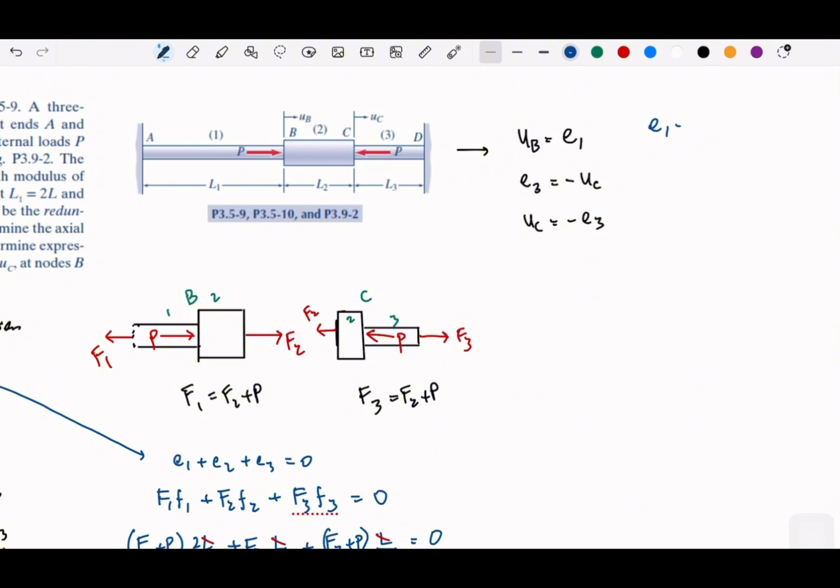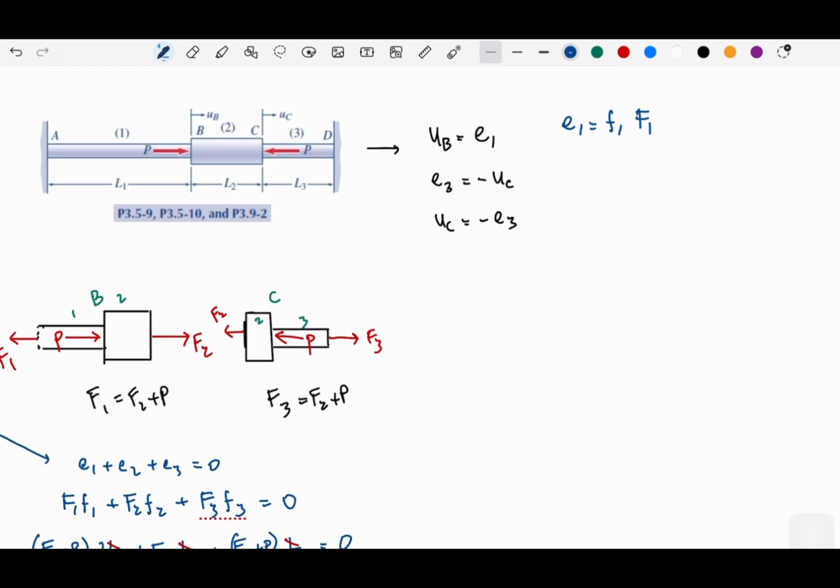So E1 is F1, force 1, okay? This will be 2PL over 7EA. This will be for UB.